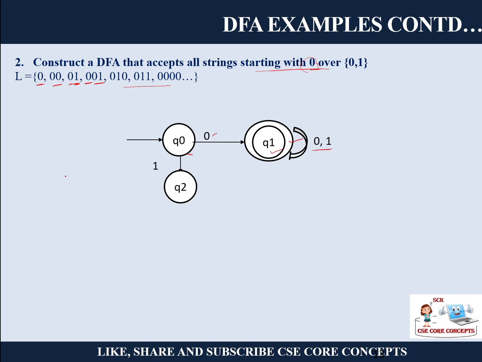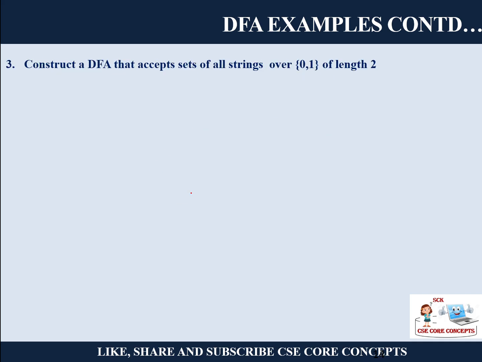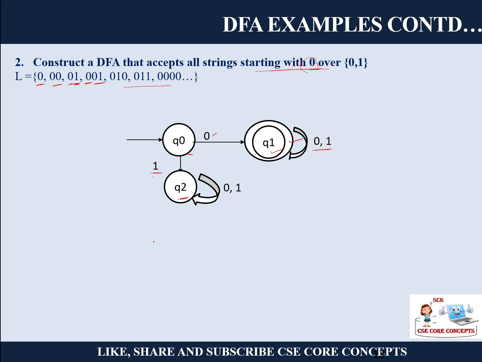But if you get a starting 1, which is not at all acceptable, you go to another state, the Q state. This Q state is called a dead state, because a starting 1 is not at all acceptable.